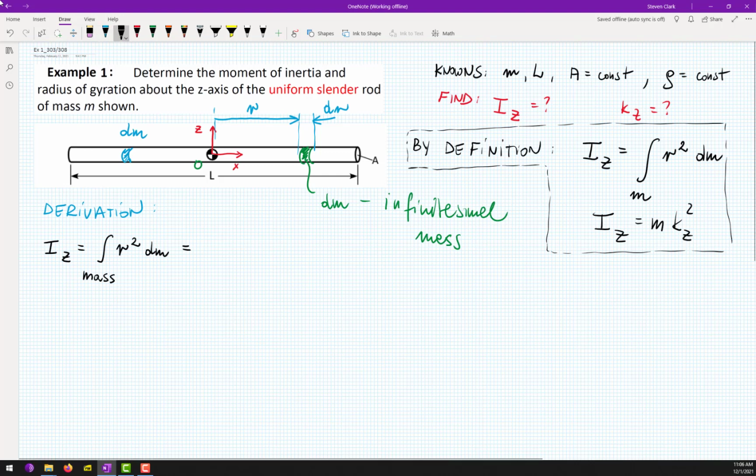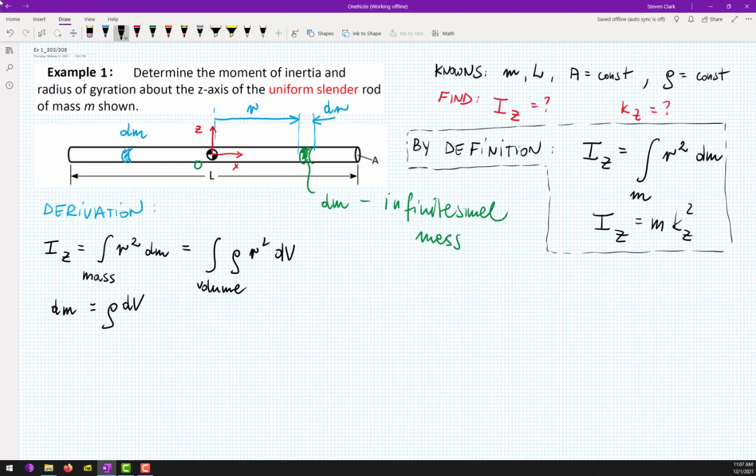I think that mass of that infinitesimal mass can be expressed as rho times dv, where dv is naturally infinitesimal volume. So the integral of rho r squared dv, and this is volume.